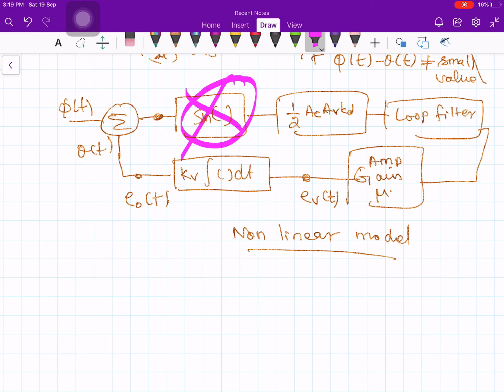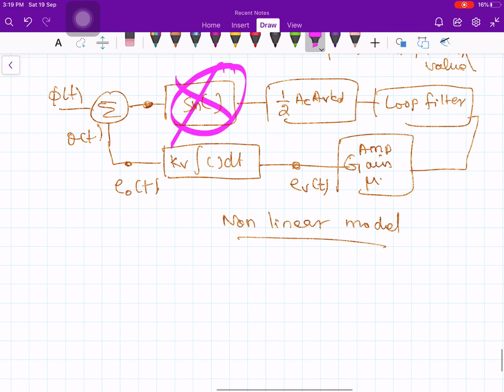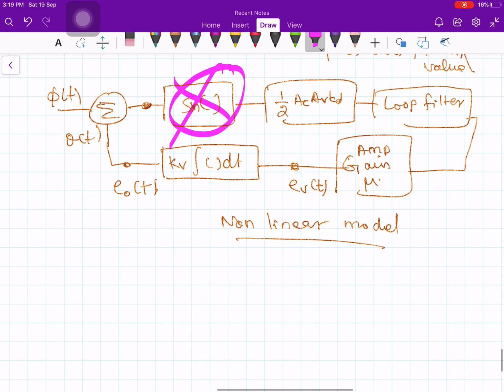So to carry out this discussion, I will again simplify the discussion somewhat. Okay, so what I am going to do is assume that the loop filter is absent. Let us remove this loop filter. Okay, if you put everything together, then the analysis becomes very difficult. Remember there is already a filter which is inbuilt into the phase detector. Your phase detector also has one filter, that is a low pass filter.